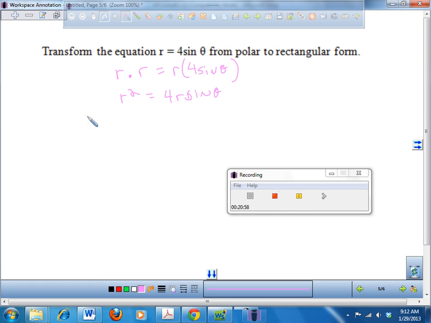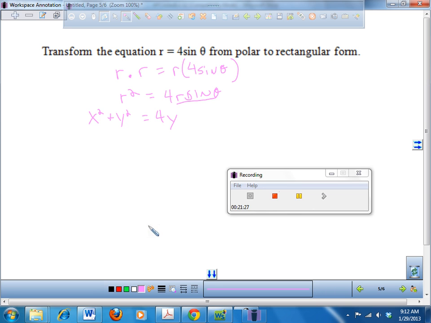If r is equal to the square root of x squared plus y squared, what's r squared equal to? Yes, r squared equals x squared plus y squared. And 4r sine theta is, look on your sheet, it says on the top. What's r sine theta? r sine theta is y, so this is 4y.